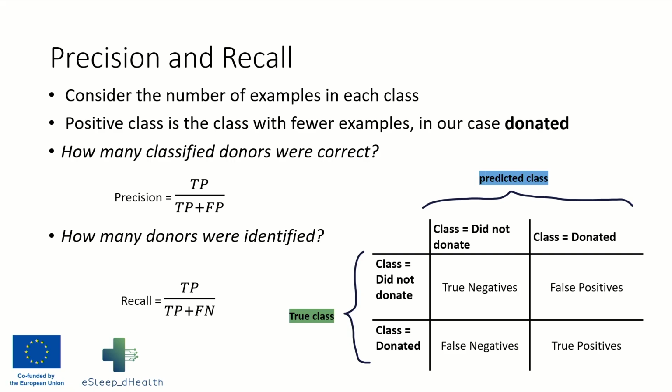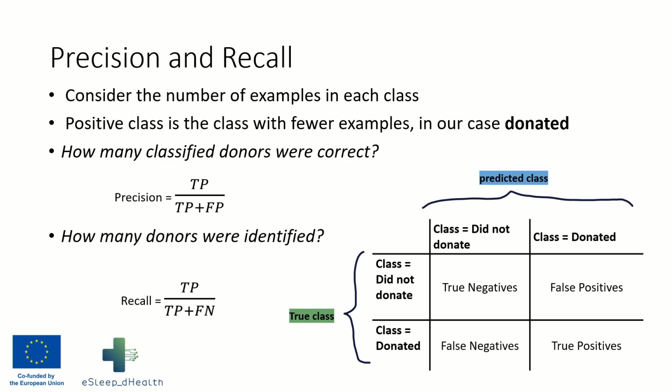So if we look at the precision, we're trying to find out how many classified donors were correctly classified. So how precise was our prediction of donors? And then the recall would be, how many donors did we identify?